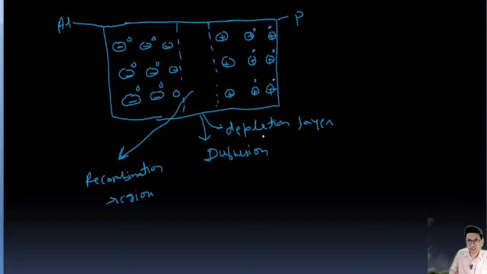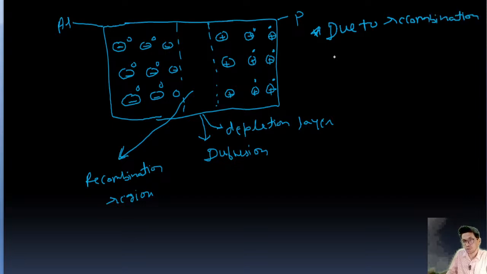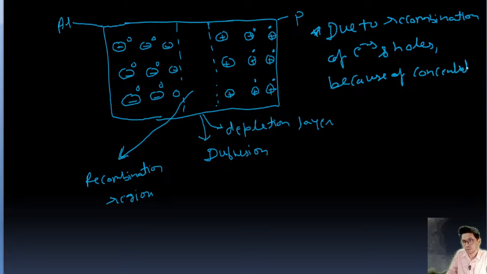Before that I'll explain this one. I'm writing this: due to recombination of electrons and holes, they recombine, because of concentration difference.